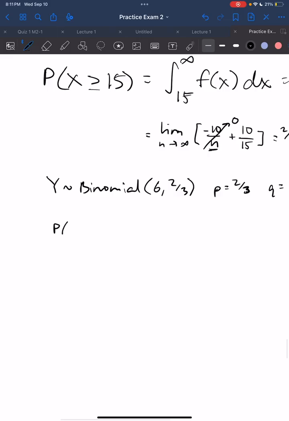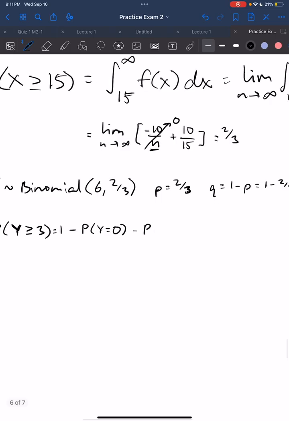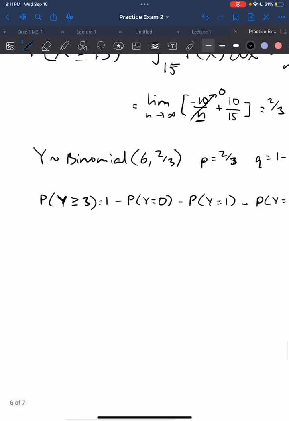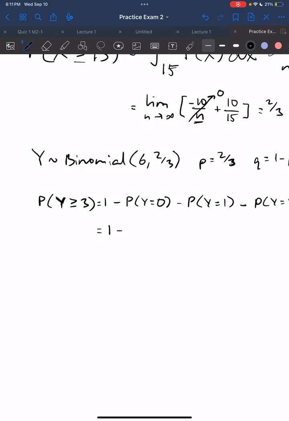So our probability of y being greater than or equal to 3 is 1 minus the probability that y equals 0, minus the probability that y equals 1, and minus the probability that y equals 2. And then we can solve for the probabilities. Since this is a binomial distribution, we can use the binomial formula.